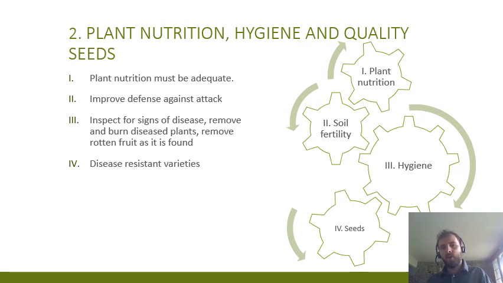Hygiene is important: always inspect your crop, remove the diseased plants, remove the rotten food underground to limit the spreading of the potential disease. And seeds, use resistant varieties to limit the impact of the damage of pests and disease.